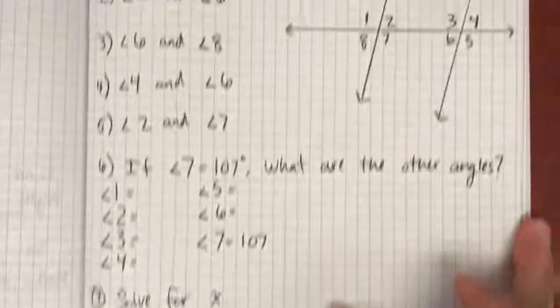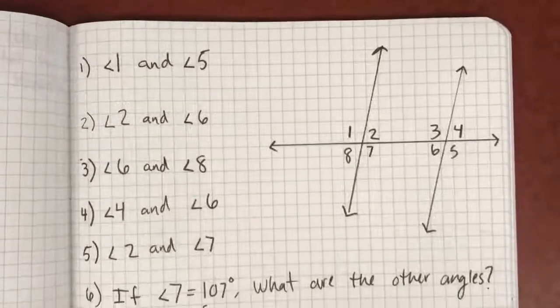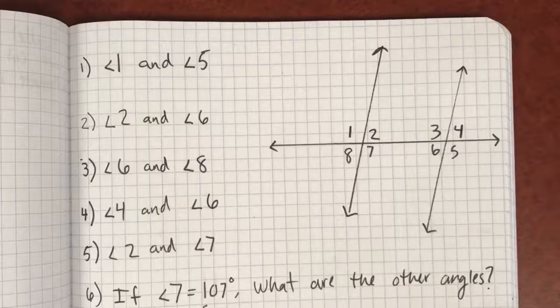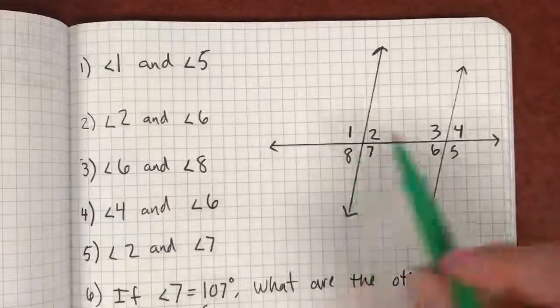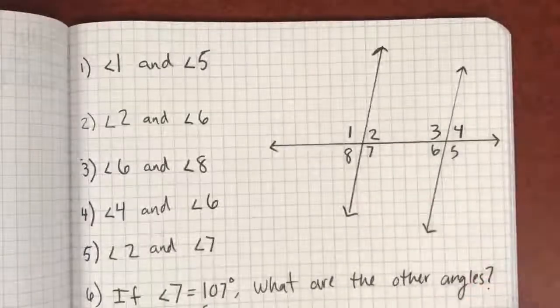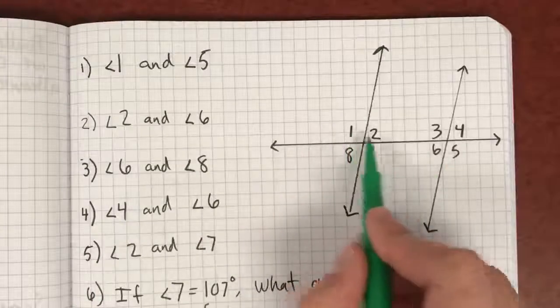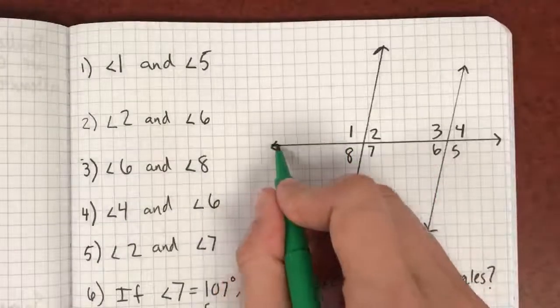All right, so now we've got some practice, and we just have to figure out what are some of these examples. So if we're looking at this, we're trying to figure out what types of angles are these. So 1 and 5. 1 and 5 are on opposite sides of our transversal.